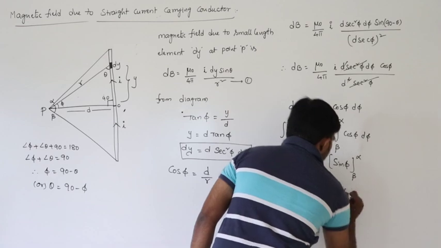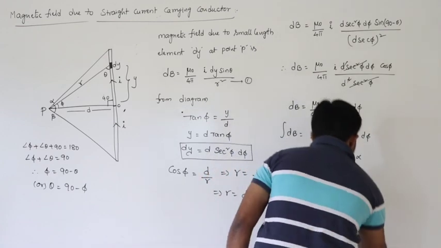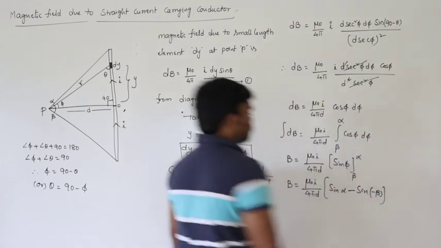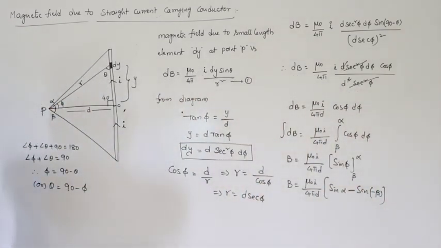First substitute the upper limit, sin α, minus the lower limit, sin of minus β. Why is it minus β? In the anticlockwise direction the angle is positive, but in the clockwise direction the angle is negative.